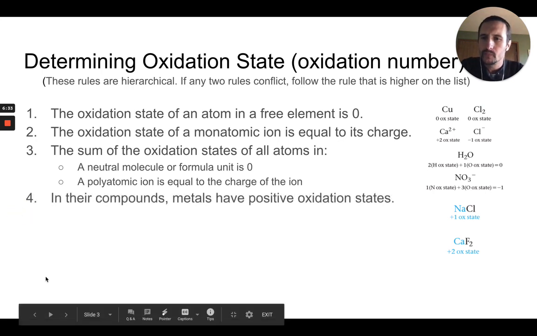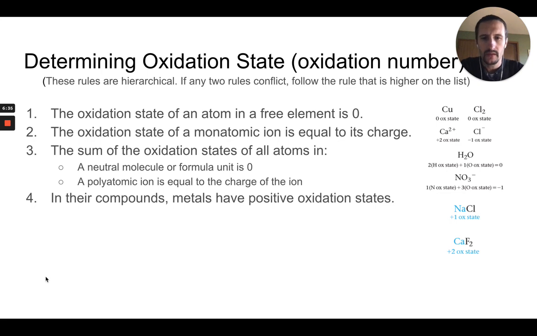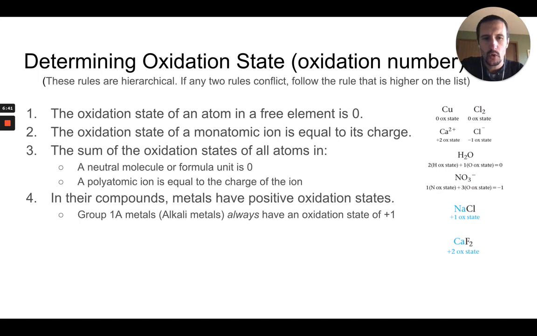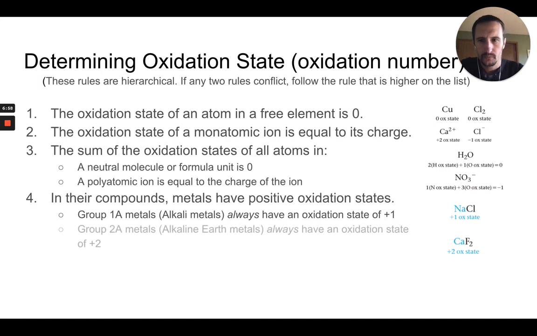Fourth rule: in compounds, the metals have positive oxidation states. A couple of important groups of metals: Group 1A, the alkali metals, always have an oxidation state of +1. If you have an alkali metal, you automatically know its oxidation state is +1.